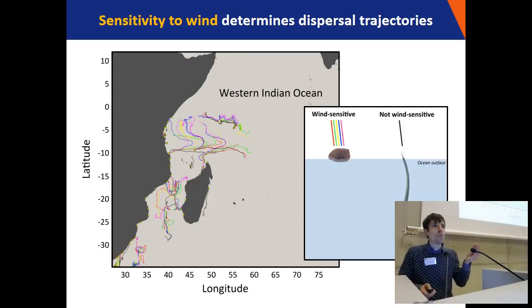In fact, they represent hydrochorous propagules with a different sensitivity to wind. And we see that wind is a very important factor when predicting dispersal trajectories. Not including wind or intra-species specific propagule traits would give a bias in the model output.